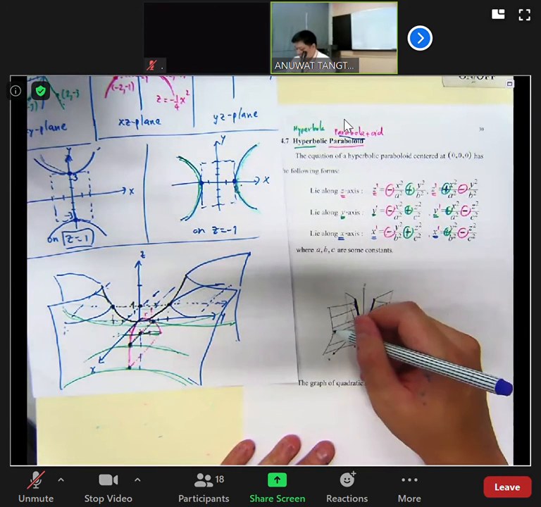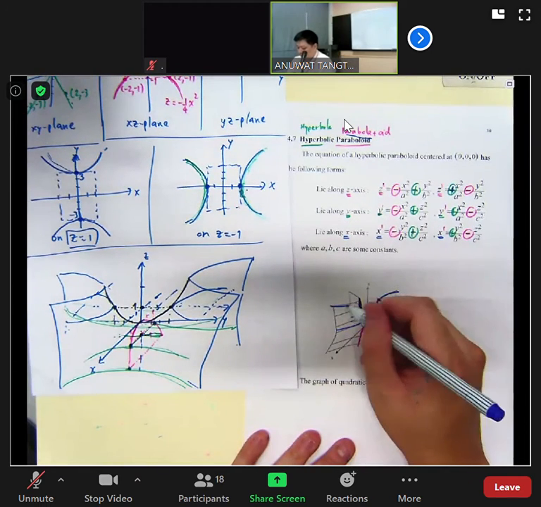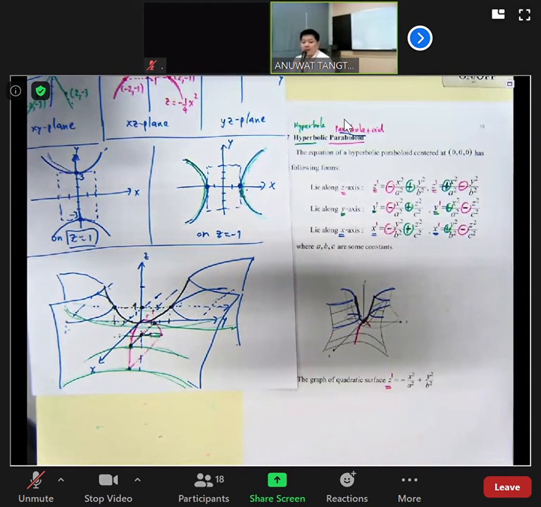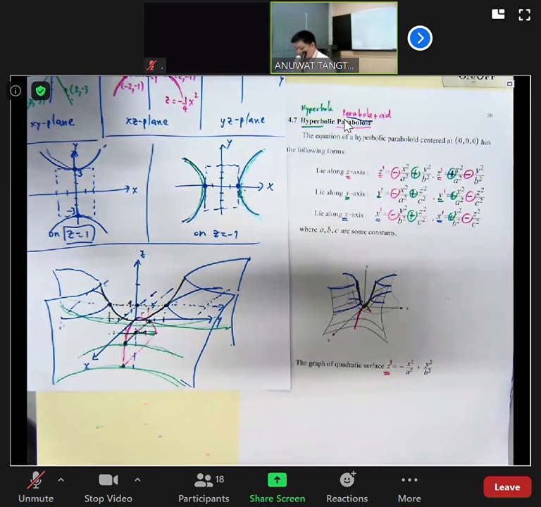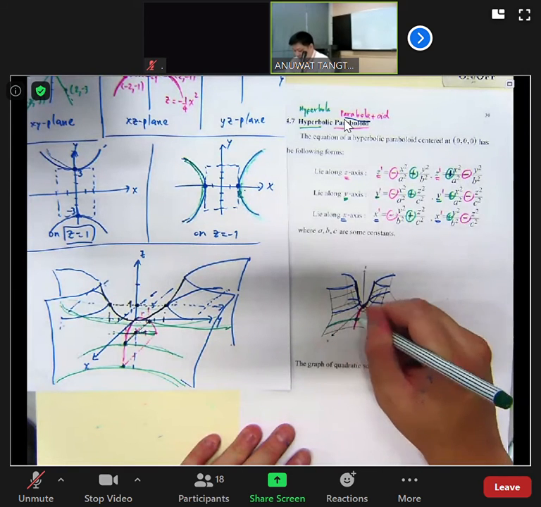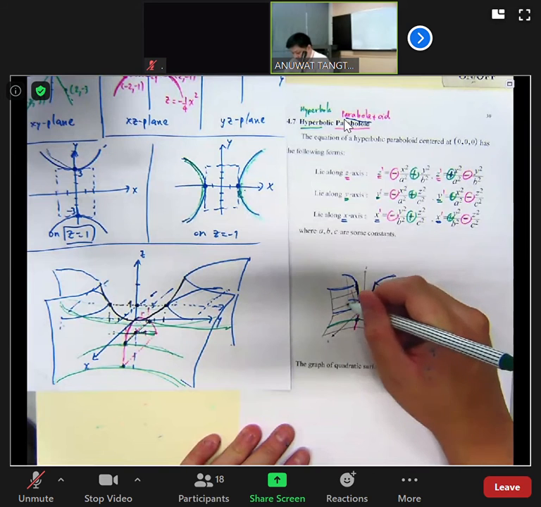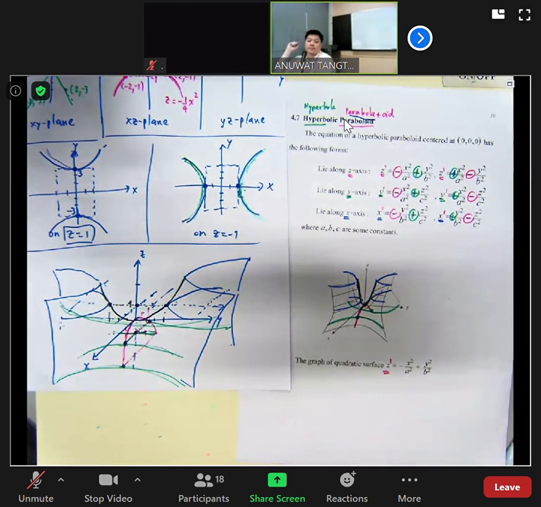This is on z equal to 1. And for a larger z, it will be a hyperbola there. Now for the green one at the bottom, it comes out to be this. This is z equal to minus 1. We have this hyperbola, and another one. You understand?